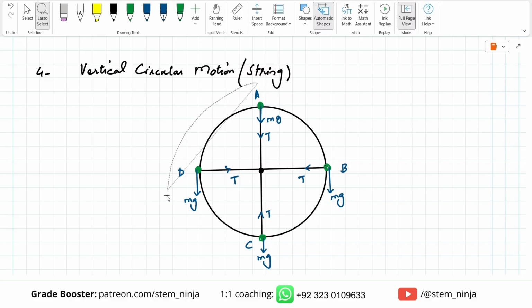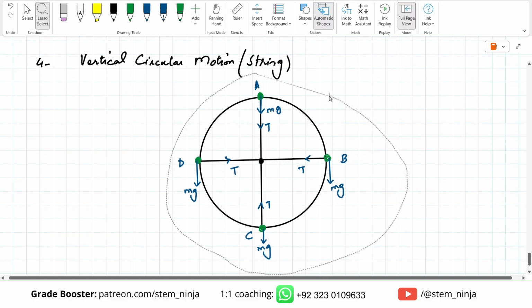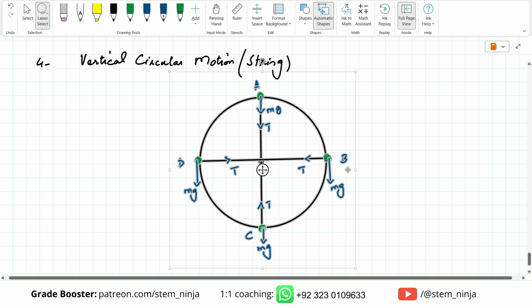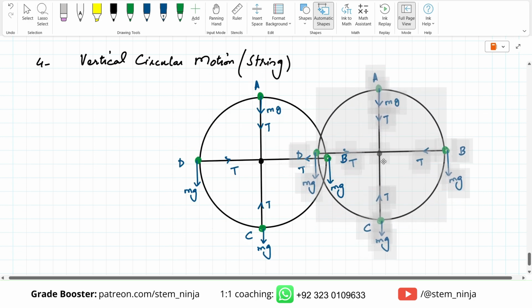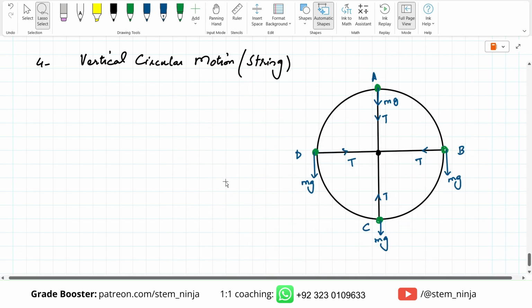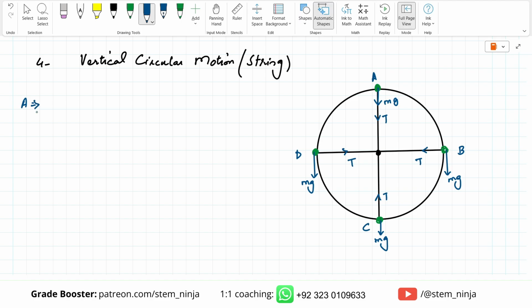Now, we need to examine this situation over here. We need to examine what are the equations of centripetal force at each of these situations. So at A, you have both T and mg towards the center. So that means T plus mg, both of them are contributing to centripetal force.